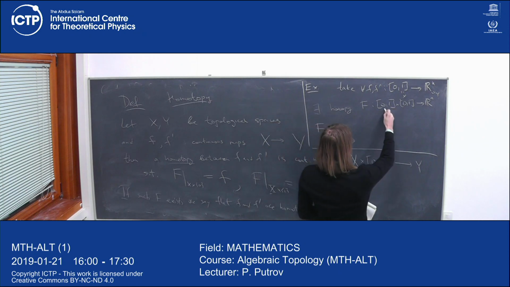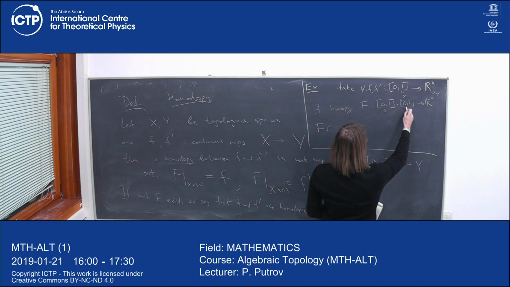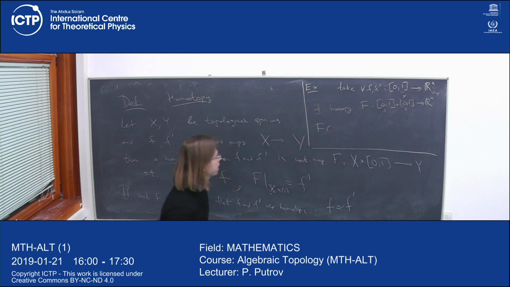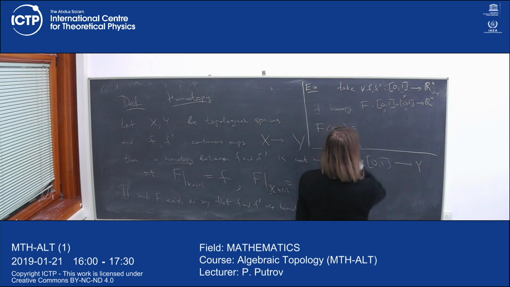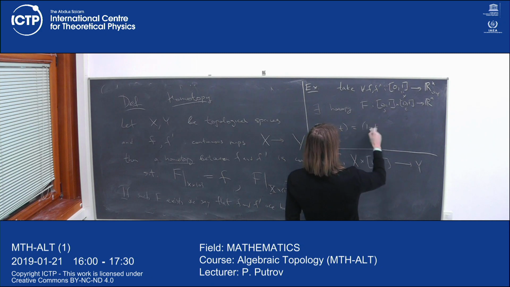Suppose I parameterize the first interval by s and the second interval by t, so that F(s, t) is, let's see, (1 minus t) times f(s) plus t times f prime(s).